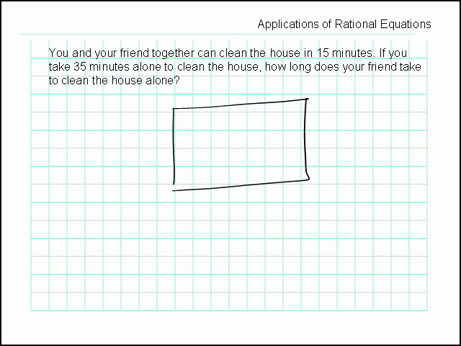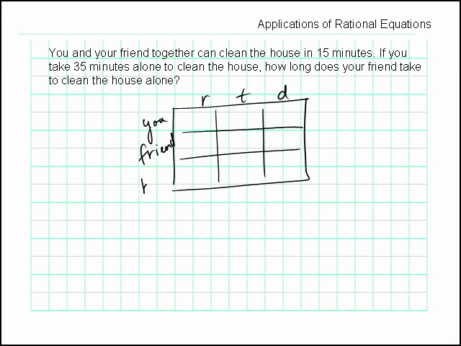9 boxes. Rate, time, distance. Okay, you and your friend together can clean the house in 15 minutes. If you take 35 minutes alone to clean the house, how long does your friend take to clean the house alone? So you have you, your friend, and then both working together.